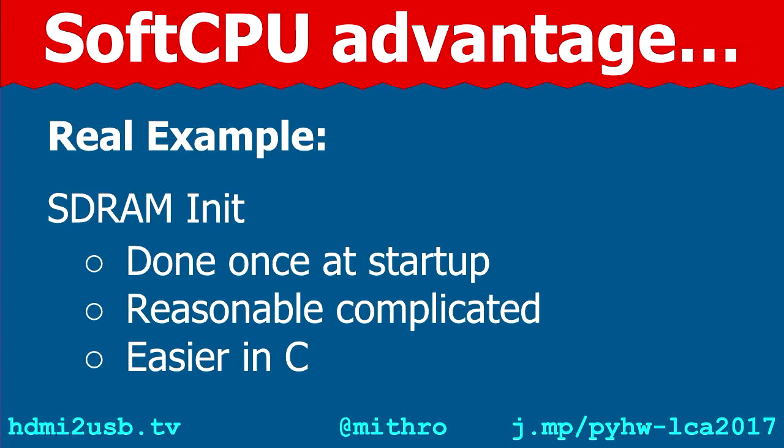We have a DDR controller that has DDR RAM connected to it. When you start up to get the DDR running and able to be used as memory, you first have to initialize it and train it. This is done once at startup. And it's reasonably complicated, like you have to do if statements and loops and these types of things.